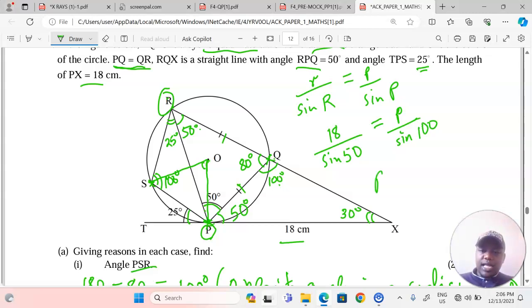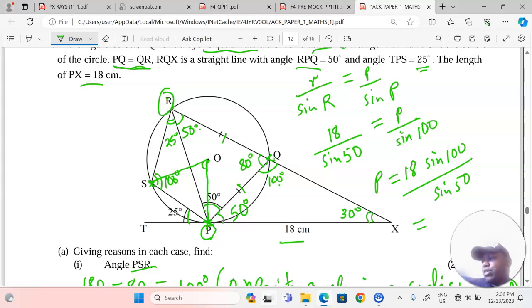So we can get the length P by taking 18 sine 100 out of sine 50. Using my calculator, 18 times the sine of 100, divided by the sine of 50, is exactly 23.14.